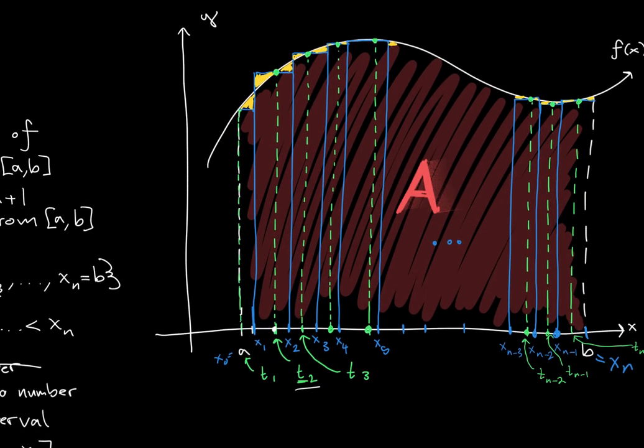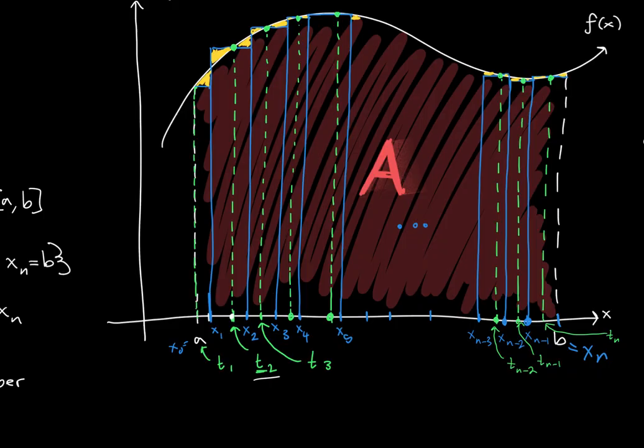Okay, so we need to be able to find, somebody hands us a small number. We need to be able to find a maximum width of a partition. Is there some corresponding minimum number or small number? Somebody hands us a tiny number, epsilon.